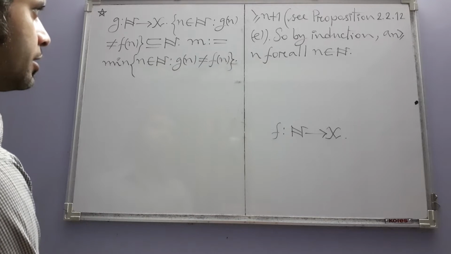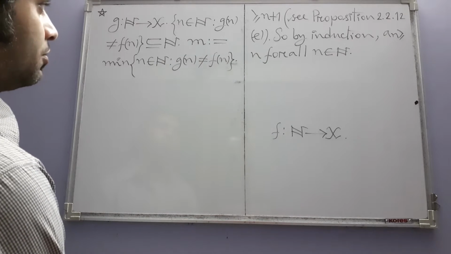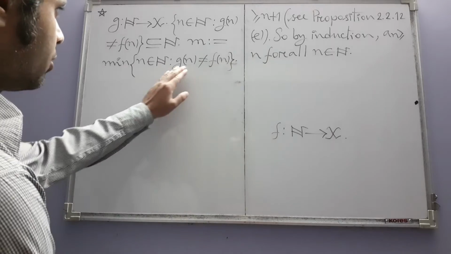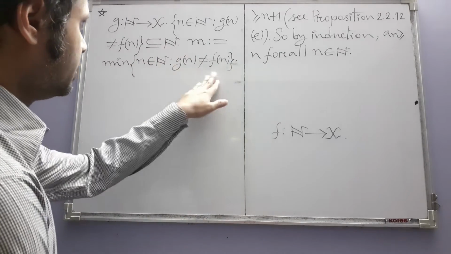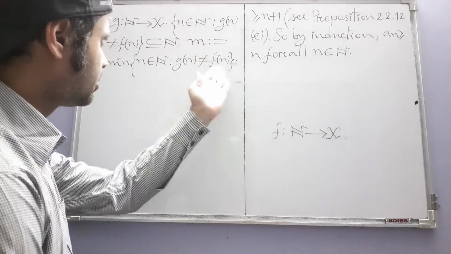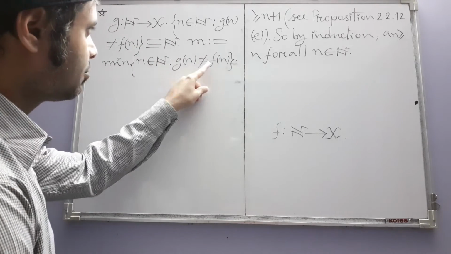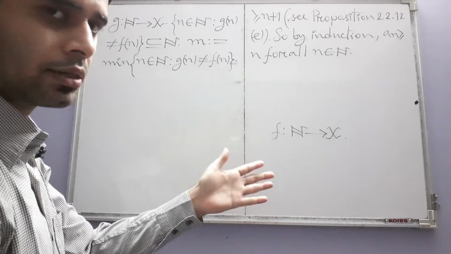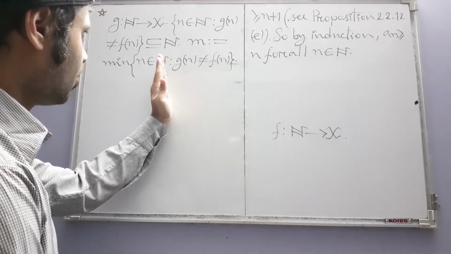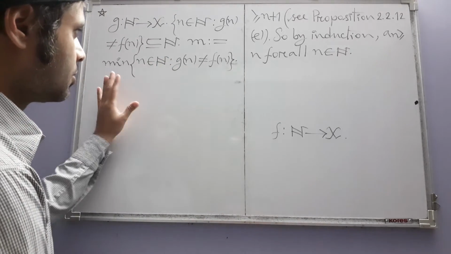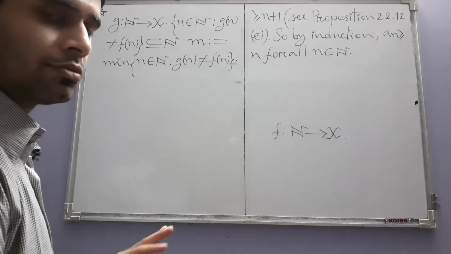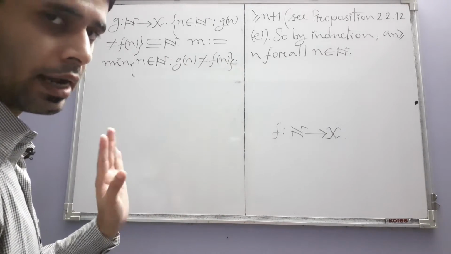Now, what does it mean for m to be the minimum of this set? Because m is the minimum of this set, m itself is also an element of this set. So, for that particular m, the f and g values will be different. But if we take values smaller than m, then g and f are identical.